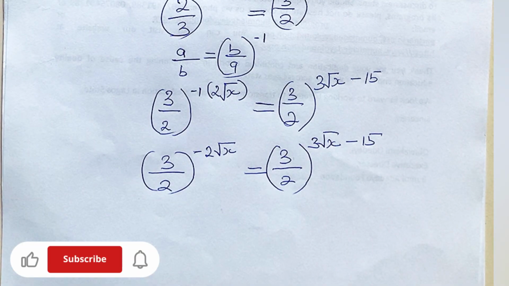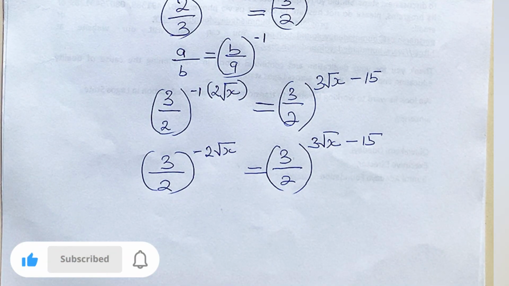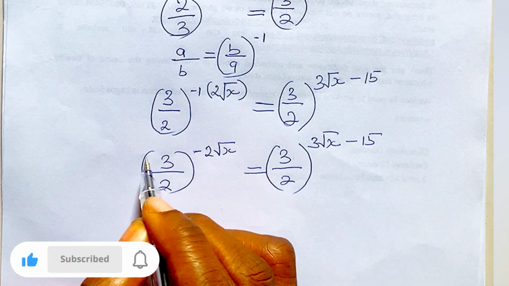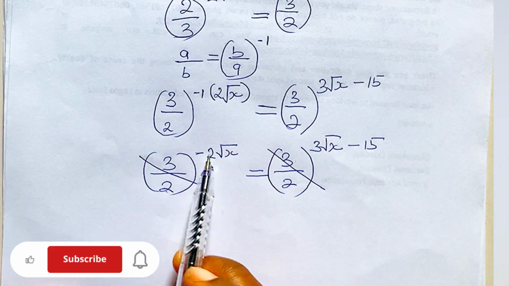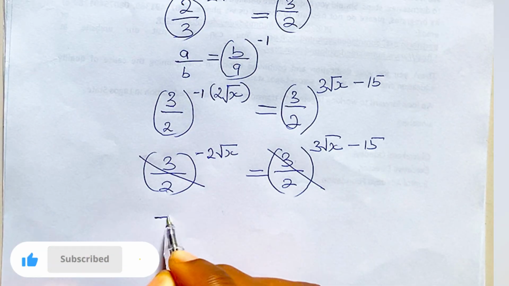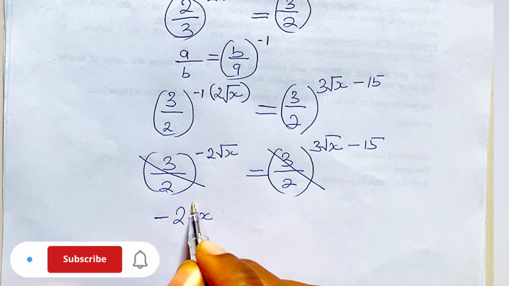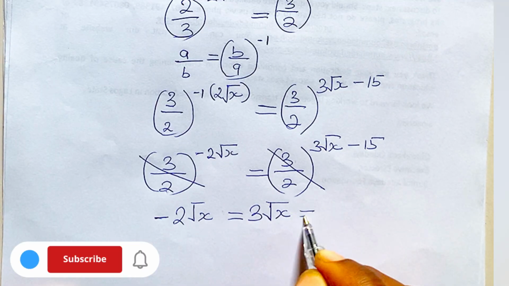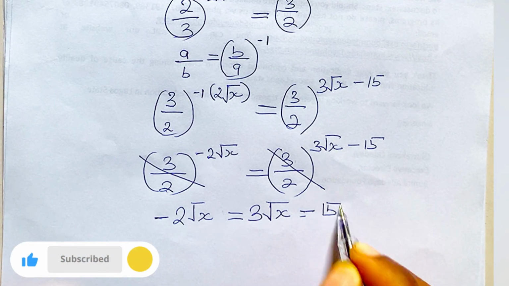All right. So notice that the bases are the same, so they can both cancel. Then the powers become equal. So you have −2√x = 3√x − 15.